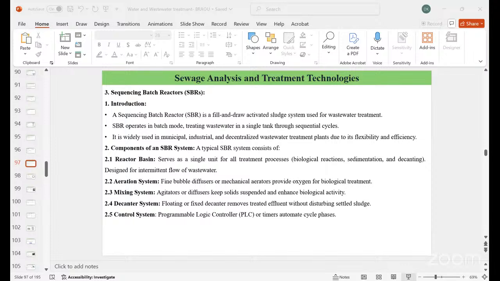Alright, so the common AOP technologies are ozonation, where ozone is a strong oxidant that can directly react with the pollutants or decompose to form hydroxyl radicals, and H2O2, which is hydrogen peroxide, which can be used alone or in combination with UV light or catalysts in order to generate the OH radicals.